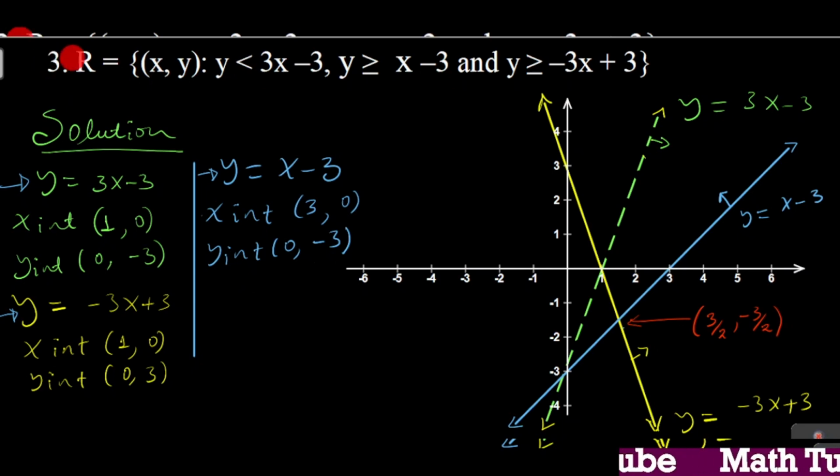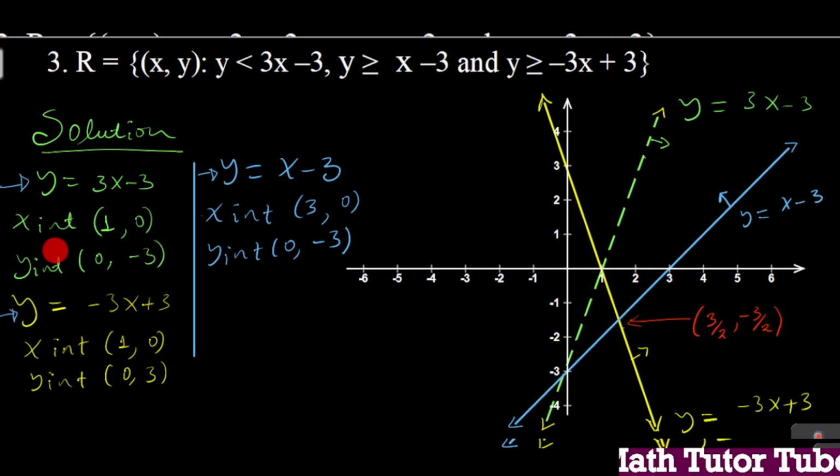The third example: relation R is a set of ordered pairs (x, y) such that y is less than 3x minus 3, y is greater than or equal to x minus 3, and y is greater than or equal to minus 3x plus 3. So first of all, we must draw the graph of each line.